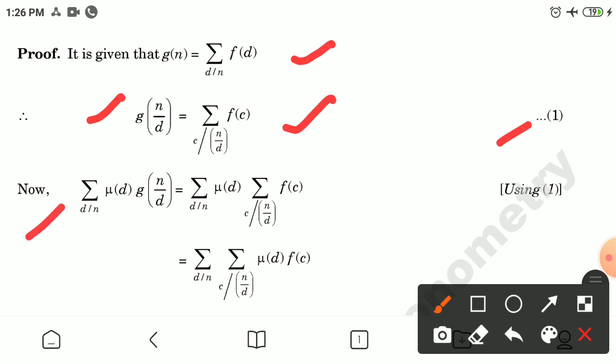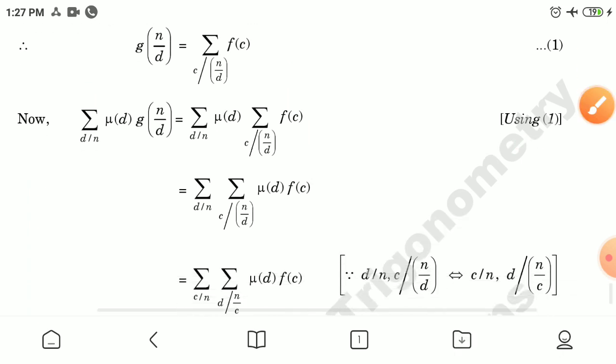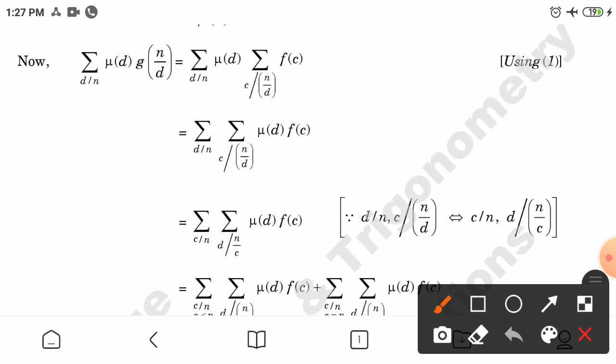Now consider this term, summation of mu(d) g(n/d) where d divides n, which is equal to summation of mu(d) times summation of f(c) when c divides n/d, and d divides n, using the first. Therefore, taking the summation outside, summation over d dividing n, summation over c dividing n/d, of mu(d) f(c).